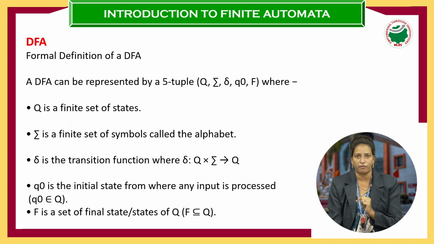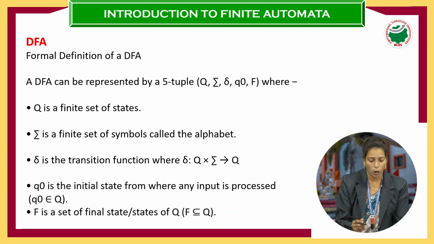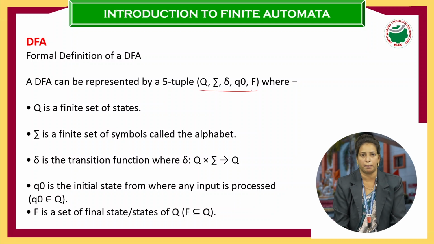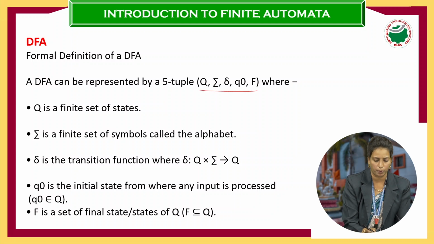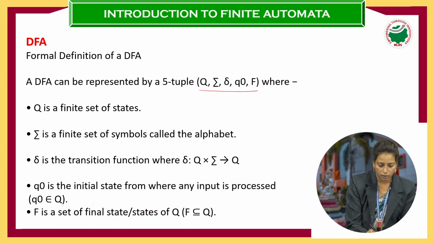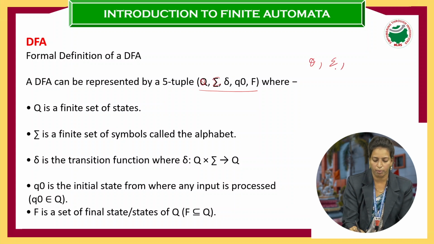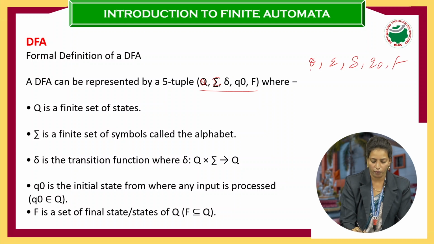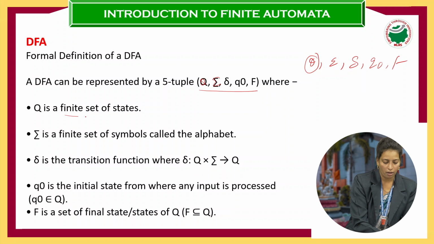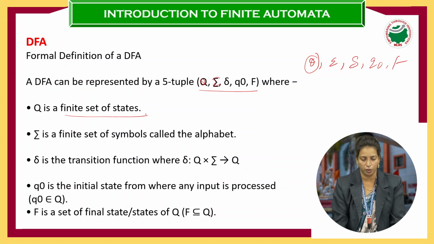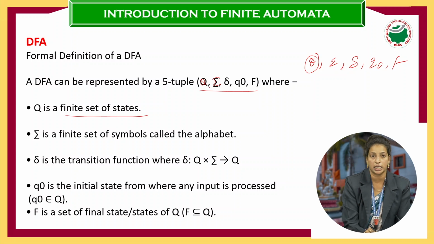Coming to DFA, DFA stands for deterministic finite automata. It is one type of finite automata. It is represented as a 5-tuple: Q, sigma, delta, Q naught, F. Here Q indicates the finite set of states.